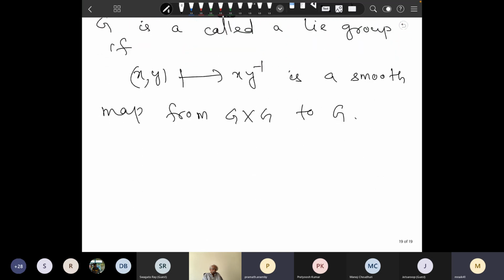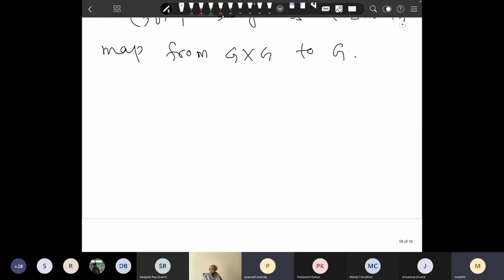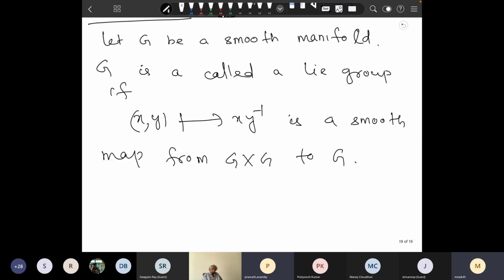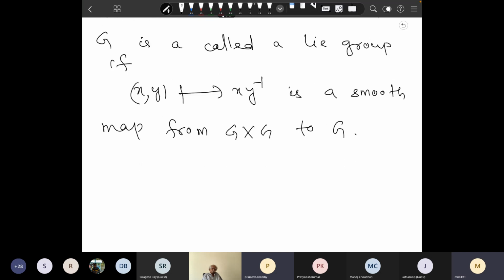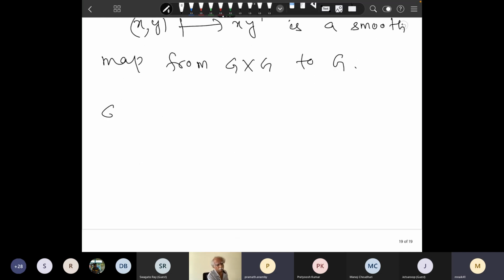Okay. So now there is another question. Actually, there is some theorem. You can define something called an analytic manifold. So what is an analytic manifold?